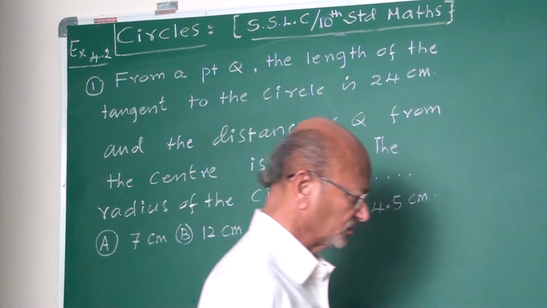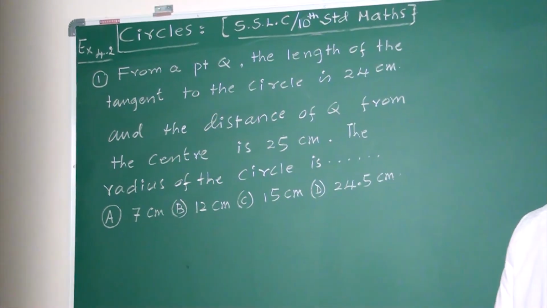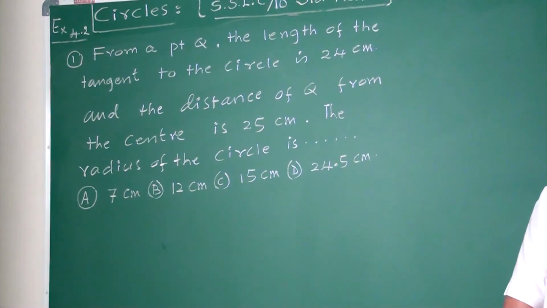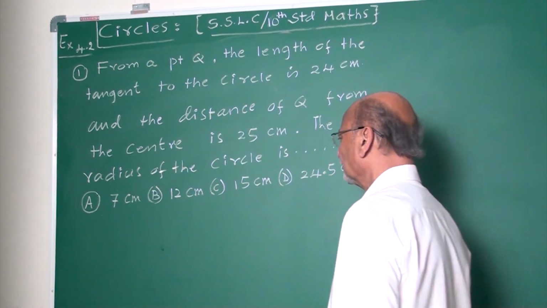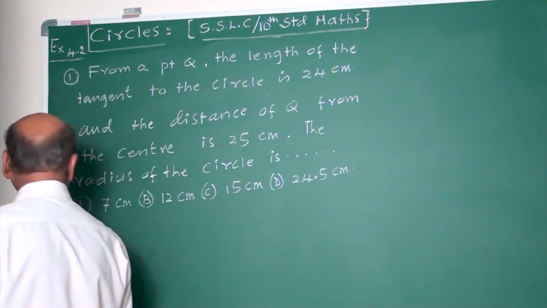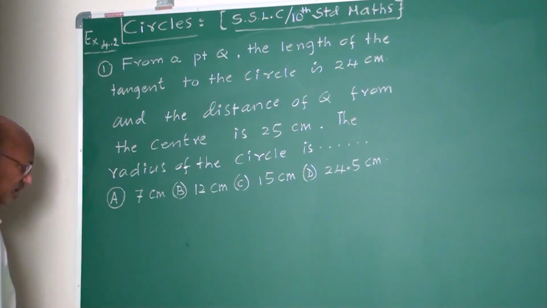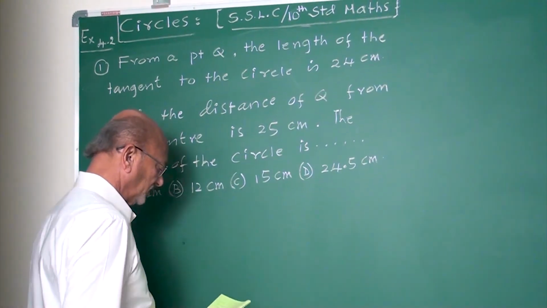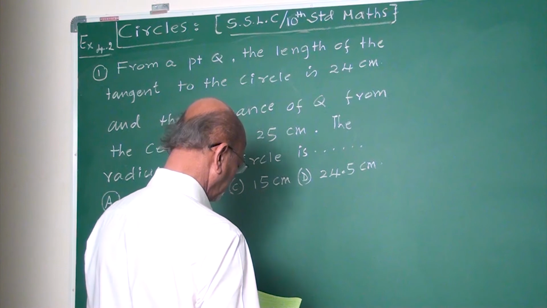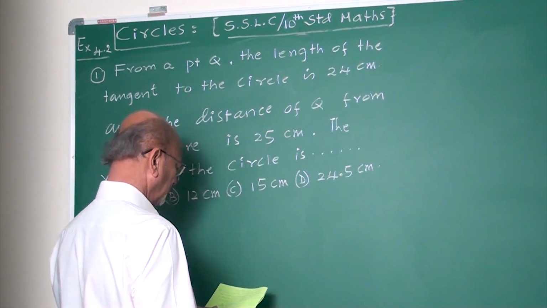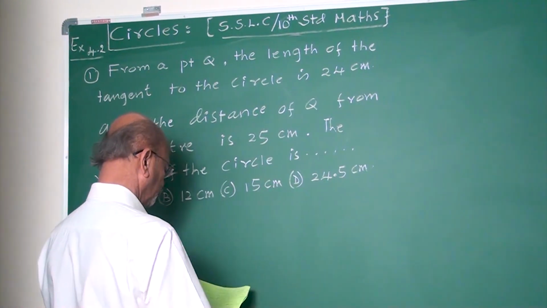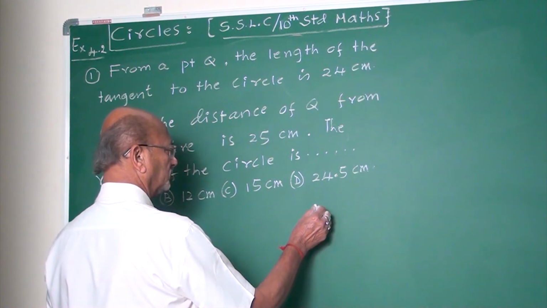Yes, first you have to draw the figure, my friends. Figure. Yes, circle. From a point Q that is outside, the length of the tangent to the circle is drawn. This is the circle.